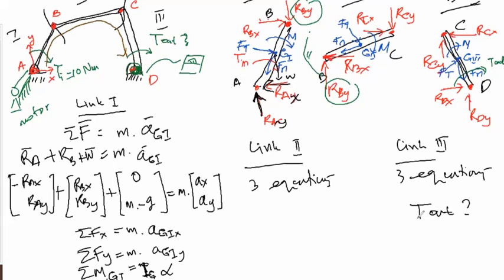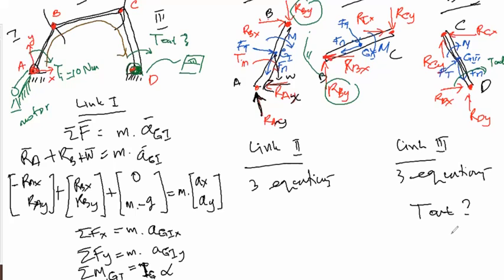I will not force you to do it, but it will really benefit you if you do it by yourself, because I did it long ago as a student, and now I'm still doing it as a teacher. So now it's your turn to derive the equations for link 2 and link 3 until you can find the output torque.